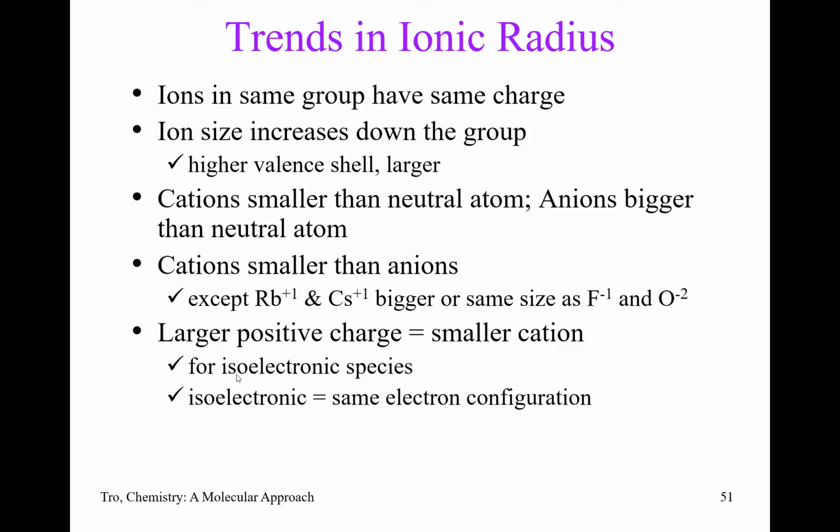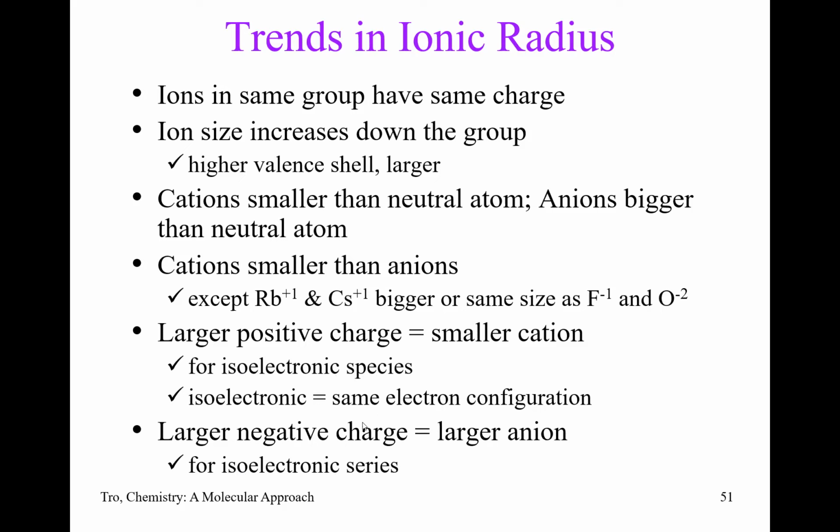Iso, just in case you don't know, means the same in the world of science, and electronic means number of electrons. So isoelectronic species means something that has the same number of electrons, and thus the same electron configuration. And just as with the larger the positive charge, the smaller the cation, the larger the negative charge, the larger the anion.